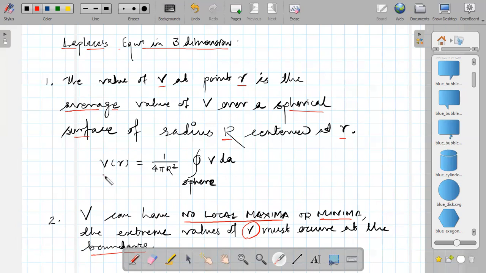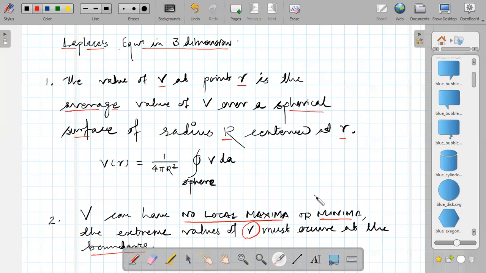Average potential is equal to 1 upon 4 pi R square, where R is the radius of the sphere, into closed integration of V, potential, into surface element dA, where surface element dA is R square sine theta d theta into d phi. That is for spherical symmetry.